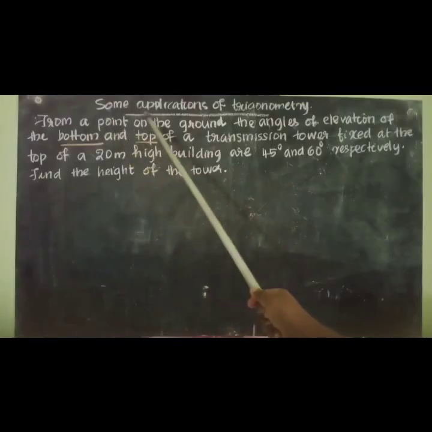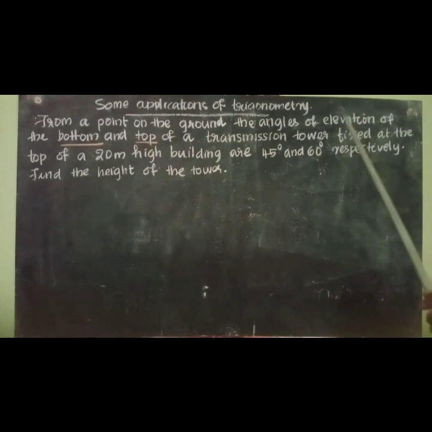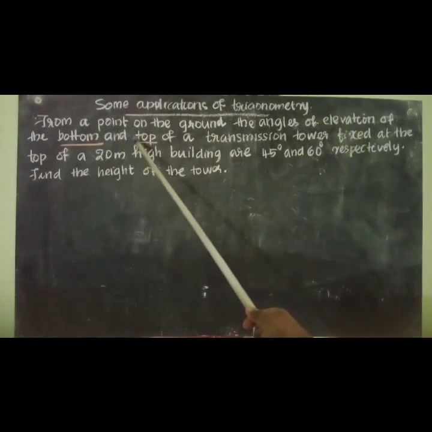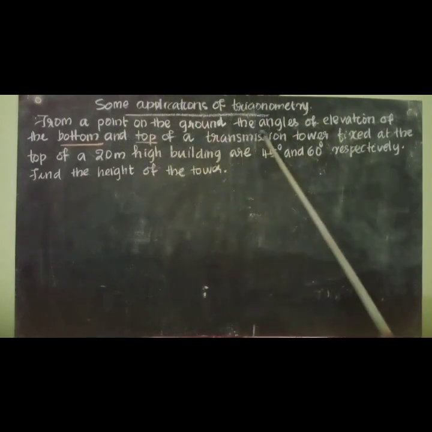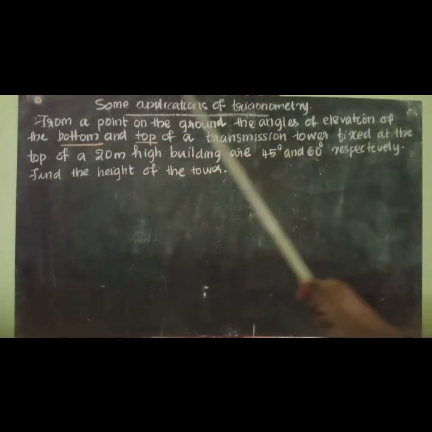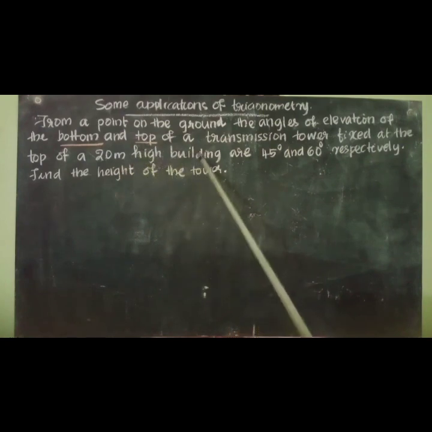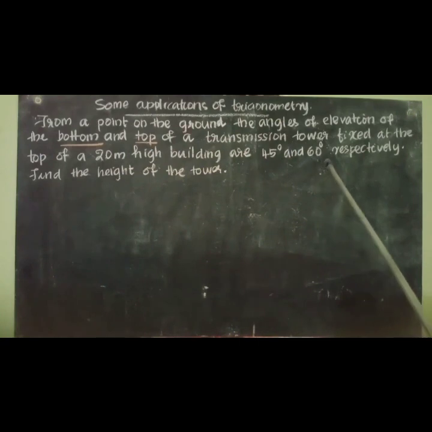From a point on the ground, the angles of elevation of the bottom and top of a transmission tower fixed at the top of a 20-meter high building are 45 degree and 60 degree respectively.